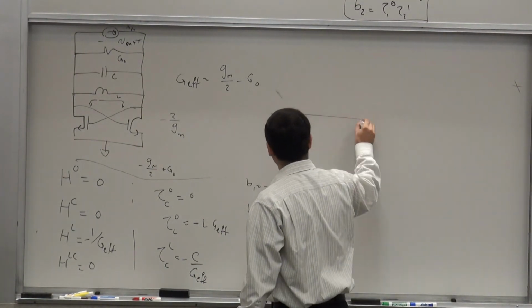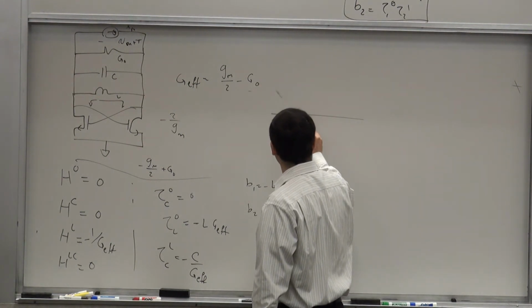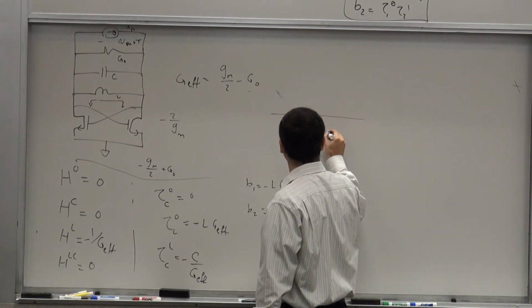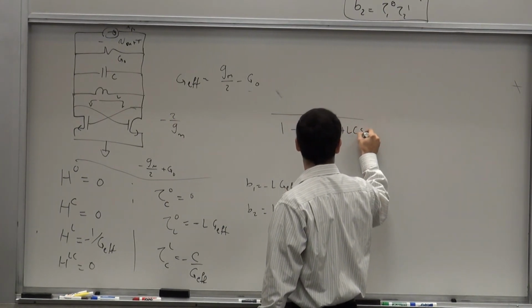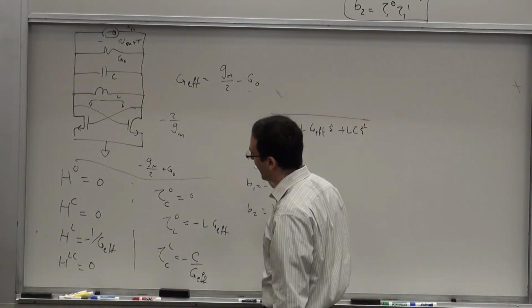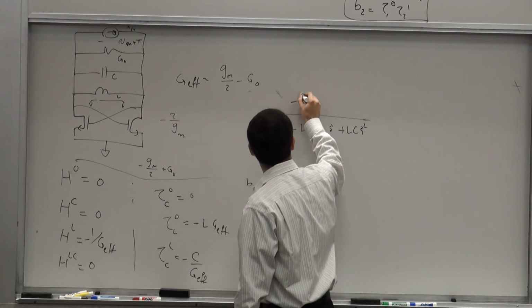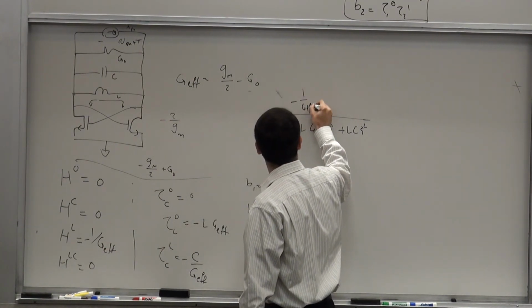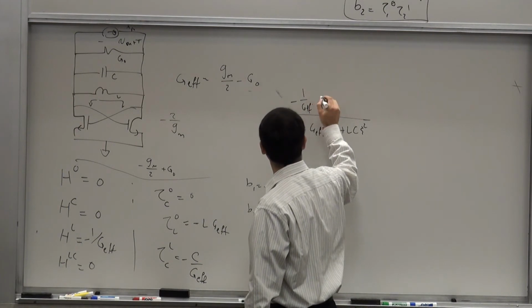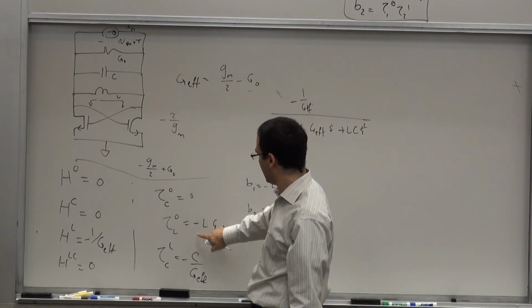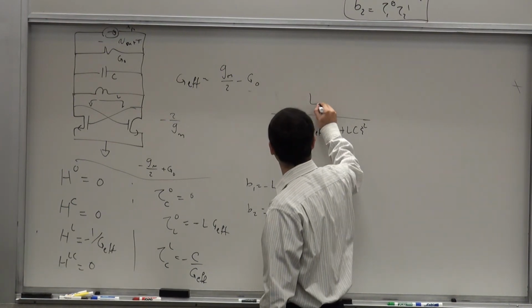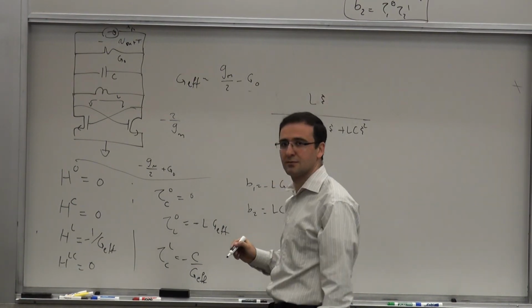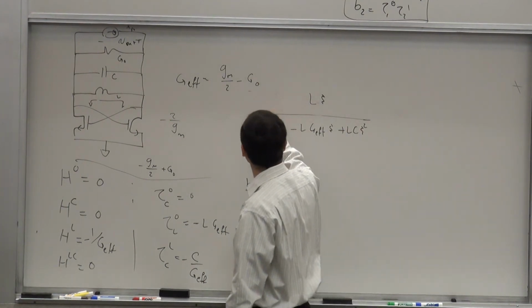So the transfer function looks like 1 minus L G effective s plus LC s squared, and in the numerator I have minus 1 over G effective times this, so they cancel, so I'm left with L s. Right? That's the transfer function.